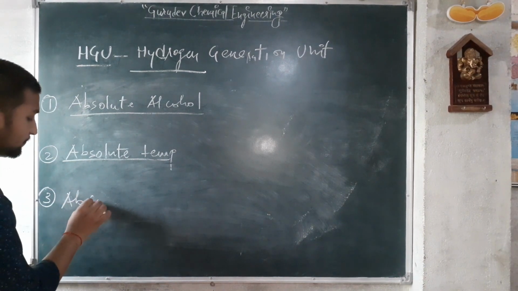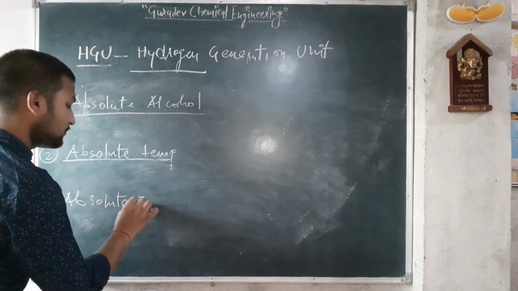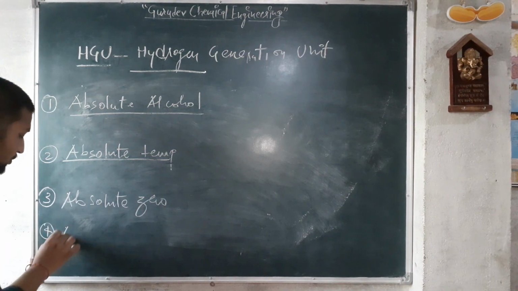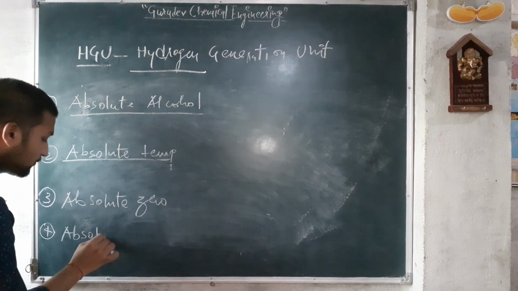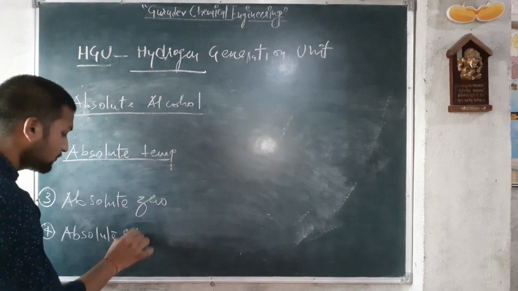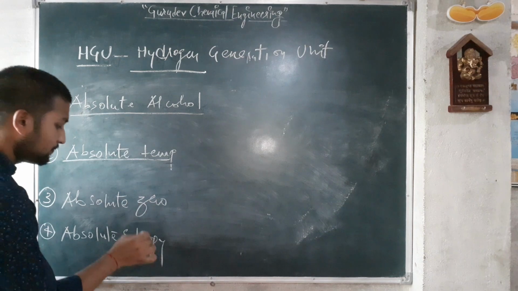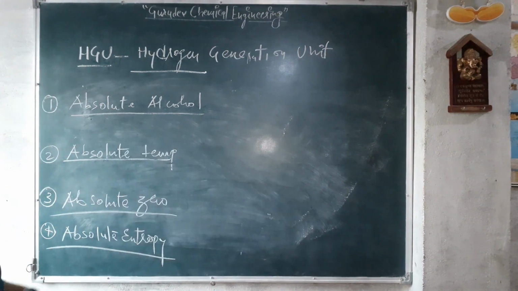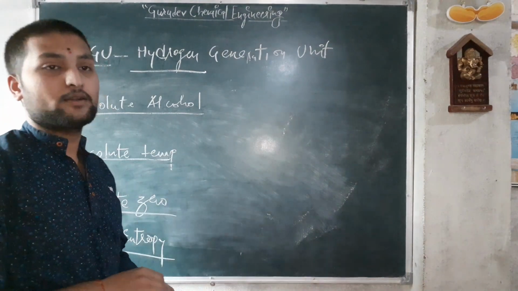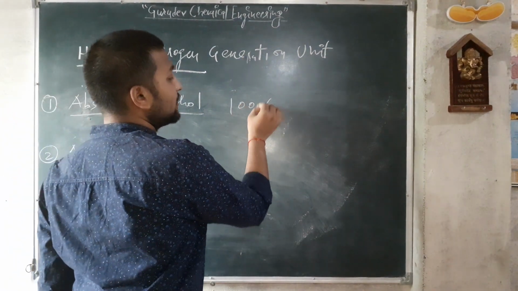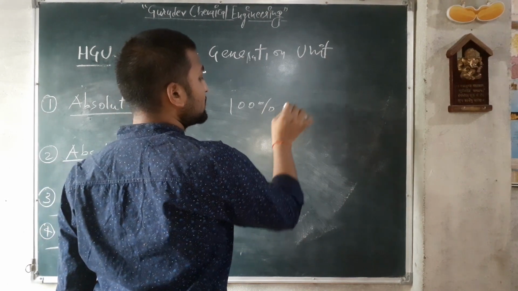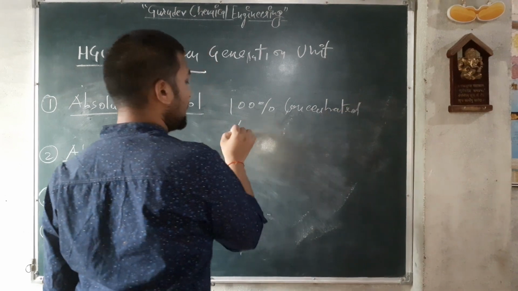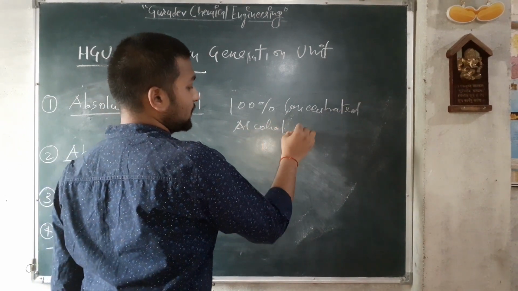Absolute zero. And last is absolute entropy. So basically absolute alcohol is nothing but 100% alcohol. 100% concentrated alcohol is called absolute alcohol.